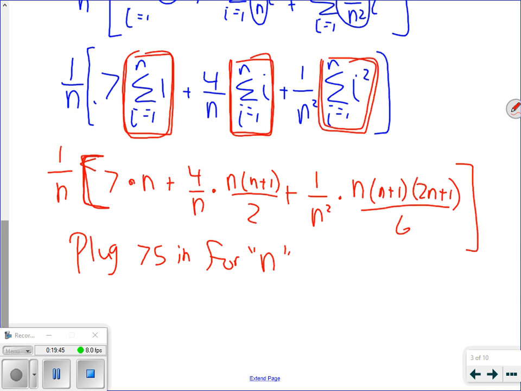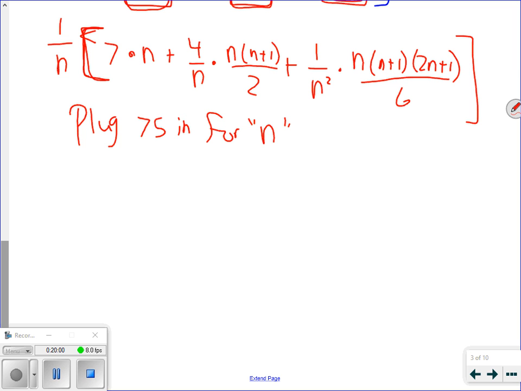Now, my suggestion for that is to be extremely careful, okay, because it is a big problem. You want to make sure that you plug in everything correctly. If you want to try to simplify it down beforehand, by all means, go for it. But like maybe you can cross the n's out if you want. You could say the n crosses out with that one. You can try to simplify this as much as you want. You can take the 2 out.